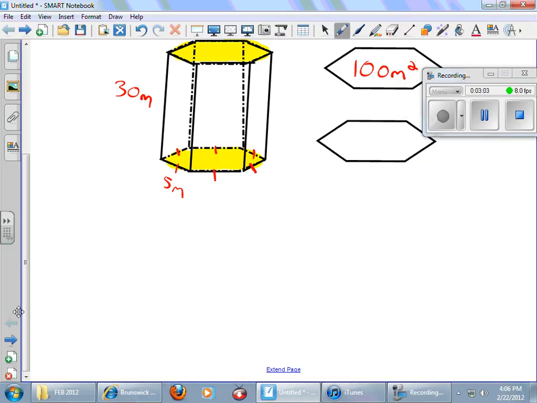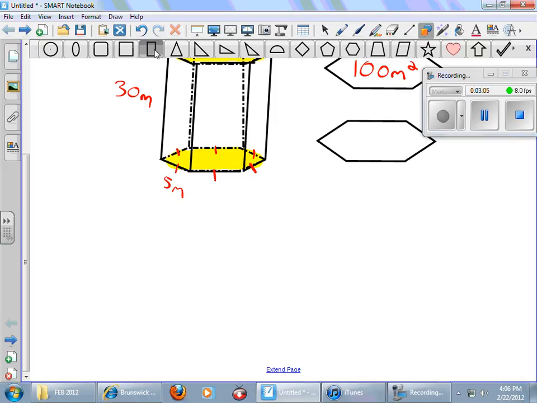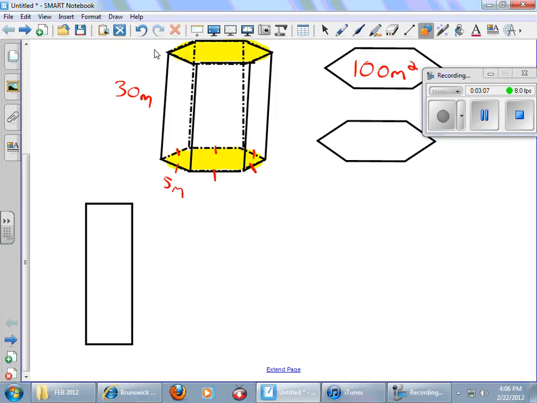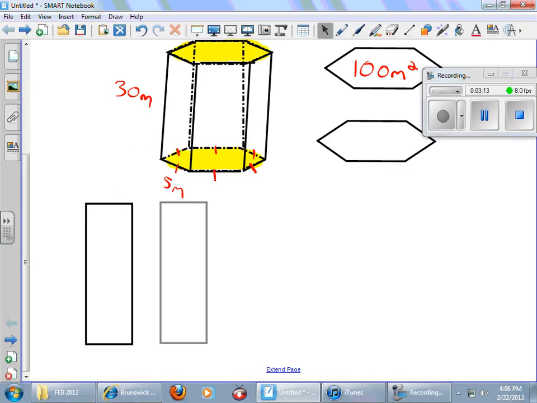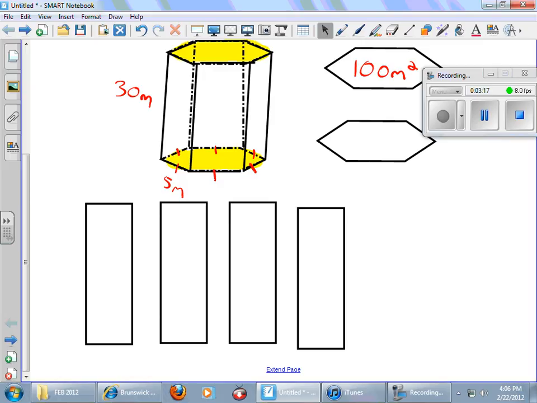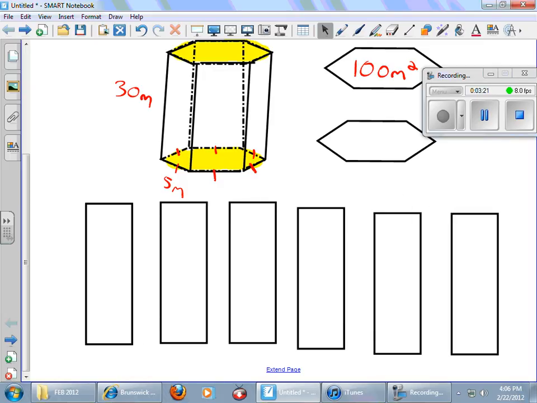So the rectangles might look something like this, and there'd be 6 of them: 2, 3, 4, 5, and 6.